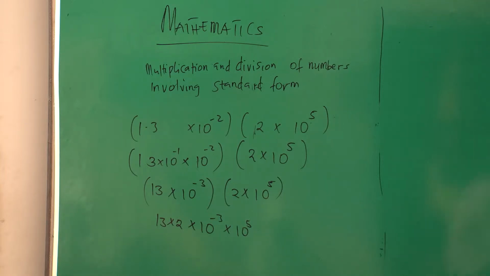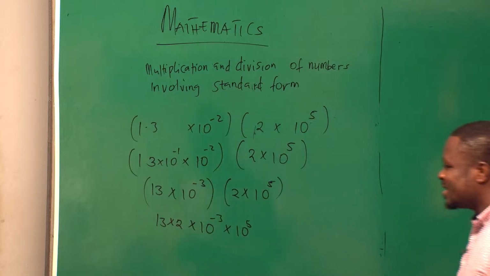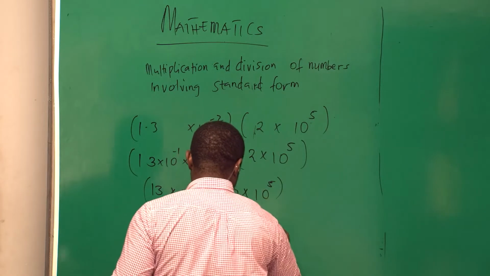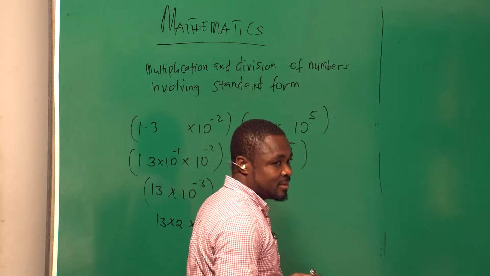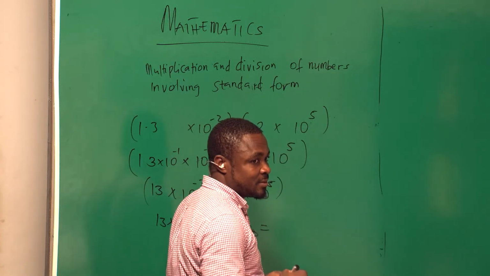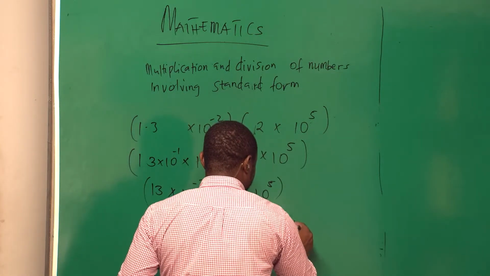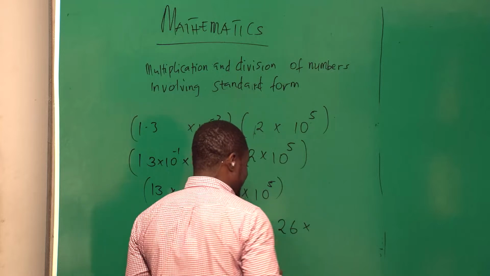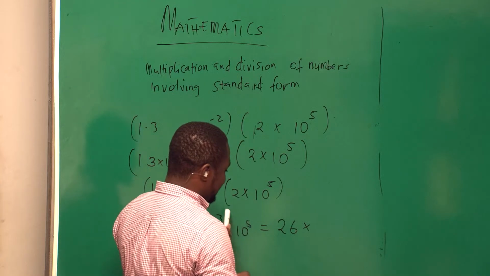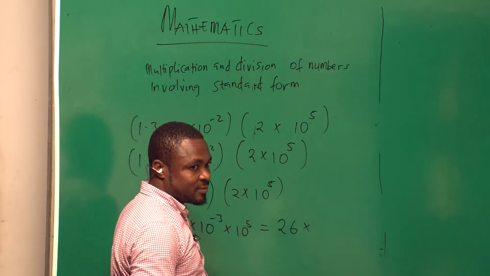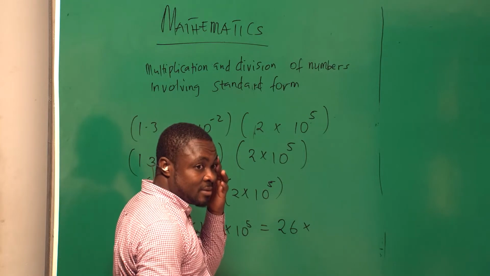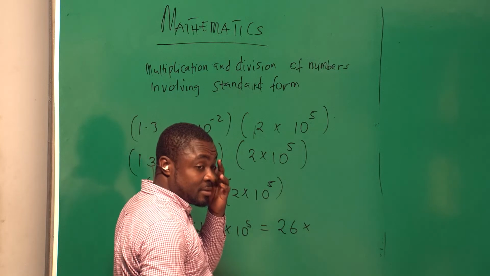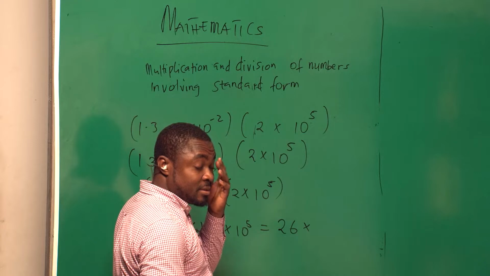So we end up with, what is 13 times 2? Tawfiq? 26. And how do you treat the 10 exponent negative 3 times 10 exponent 5? You add the powers.